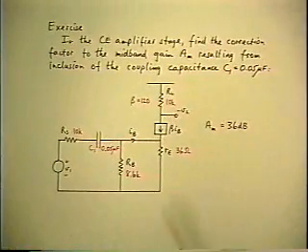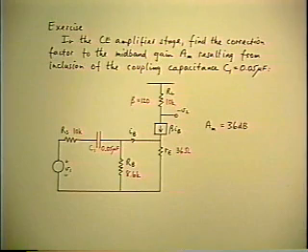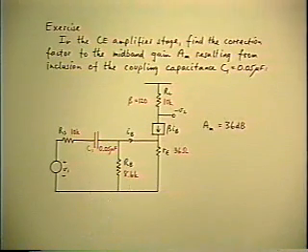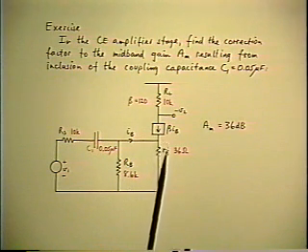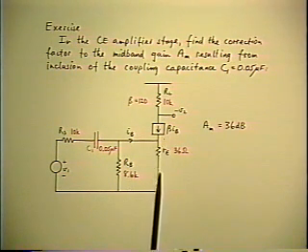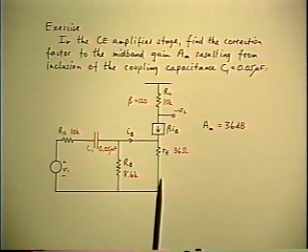Okay, finally, you get to try one now. Same basic circuit. This time, let's assume the C2 is a complete bypass at all frequencies of interest, so the R is gone.